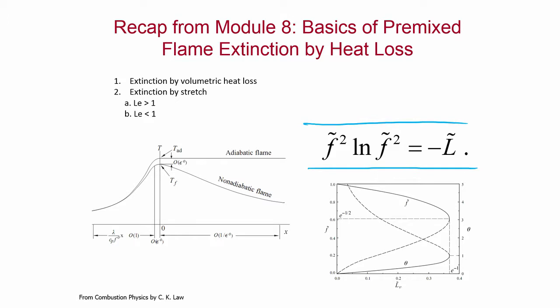Of course, this is a 1D analysis. F tilde is the normalized burning flux. When the heat loss is about this value, e inverse, you have a turning point in F, which corresponds to extinction.